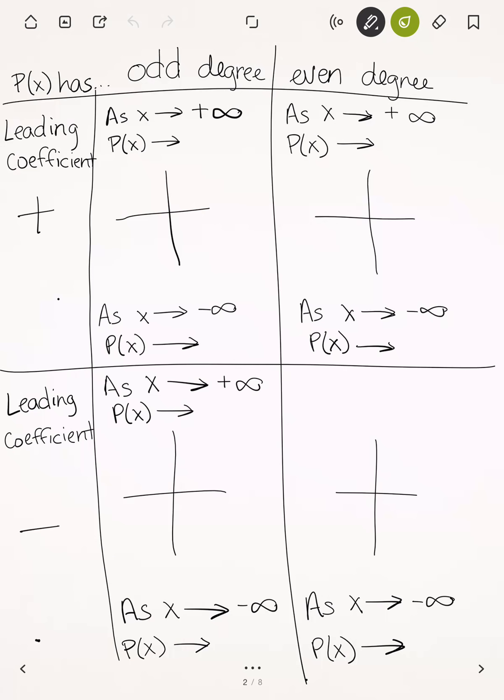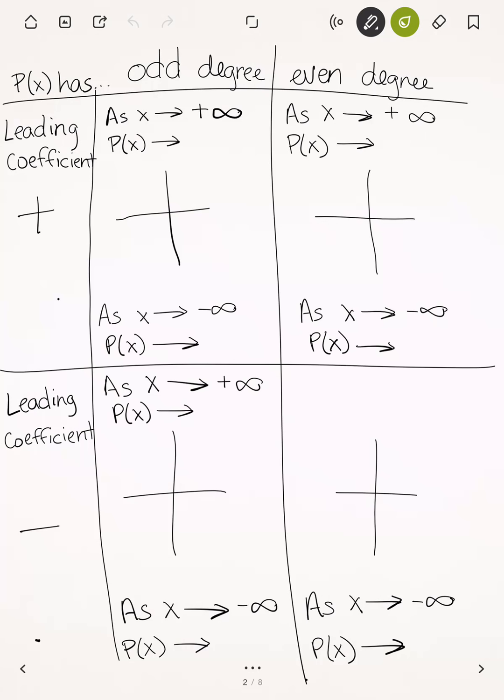So on this next page, we talked about even and odd degrees. Odd degrees, my arrows end in different directions. Even degrees, my arrows will end in the same direction. Now we need to talk about the leading coefficient.